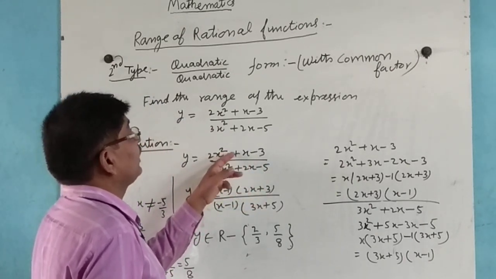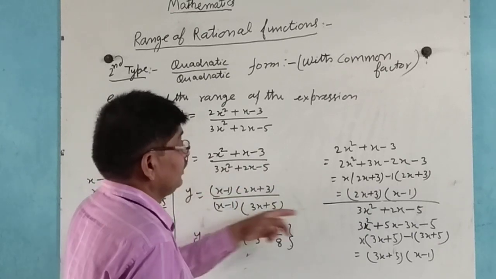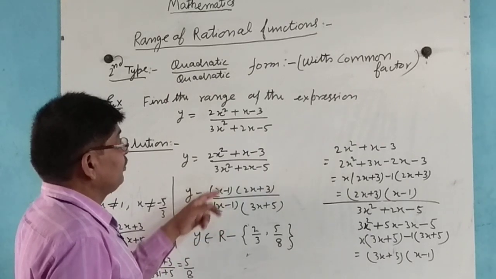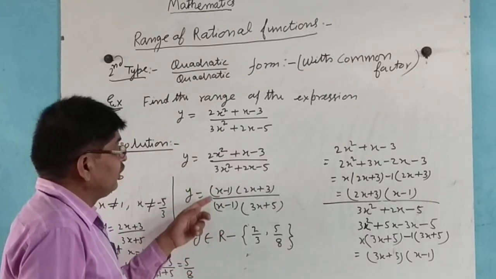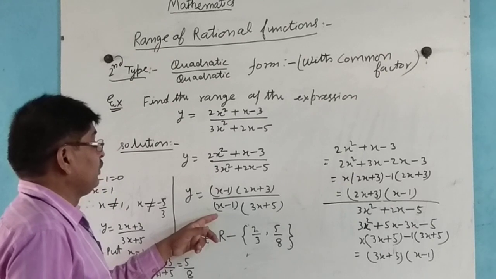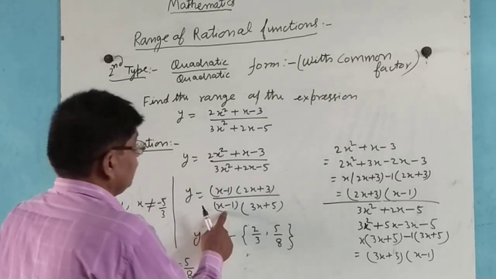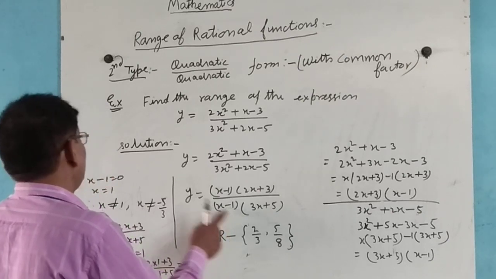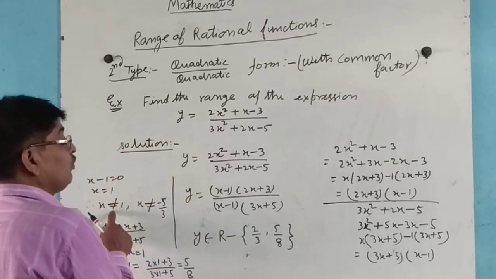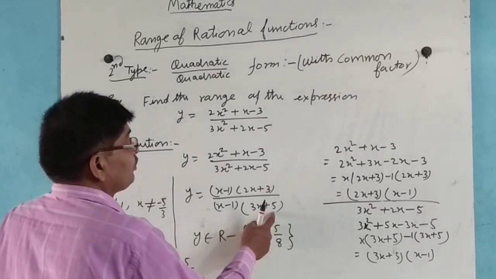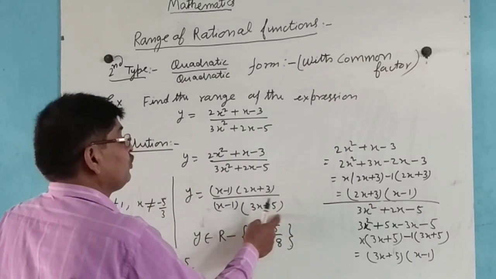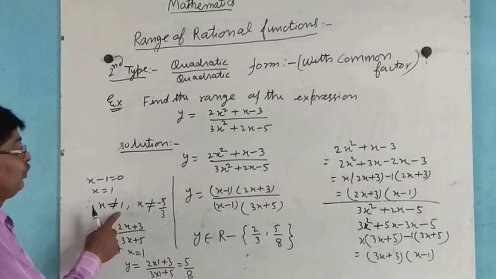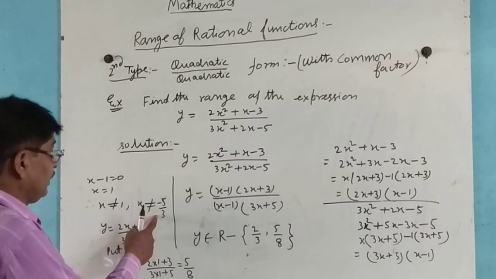First of all we factorize it, and here x minus 1 is the common factor in the numerator as well as denominator, and x minus 1 means that x does not equal to 1, and 3x plus 5 equal to 0, x equal to minus 5 by 3, so that the value of x does not equal to 1 or minus 5 by 3.